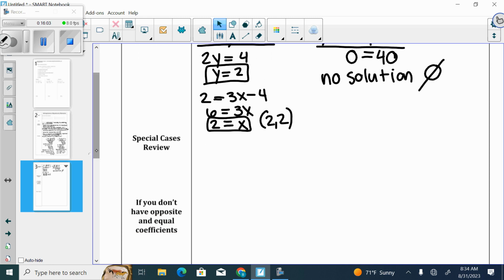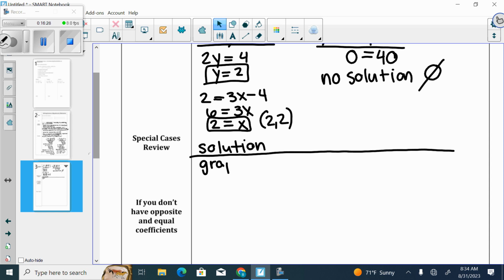Okay, so obviously there's a few special cases that can occur where we don't always get that nice coordinate point answer like we're used to seeing, right? So let's talk about those. Let's say you get a certain solution, and we're going to talk about what that solution would look like on a graph.